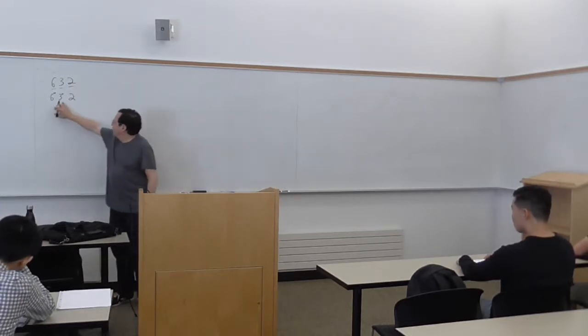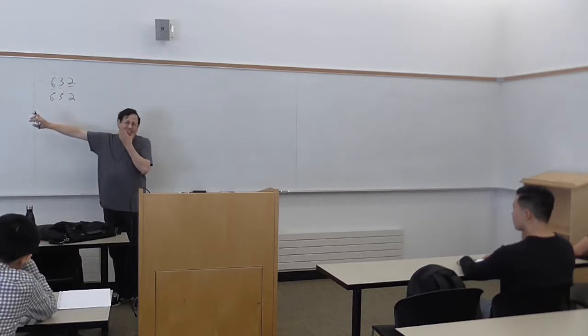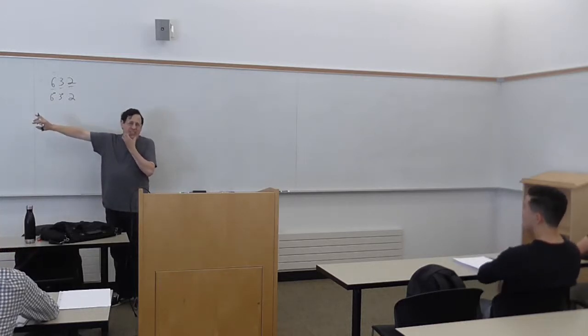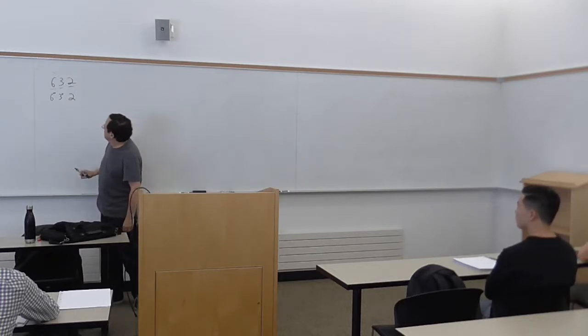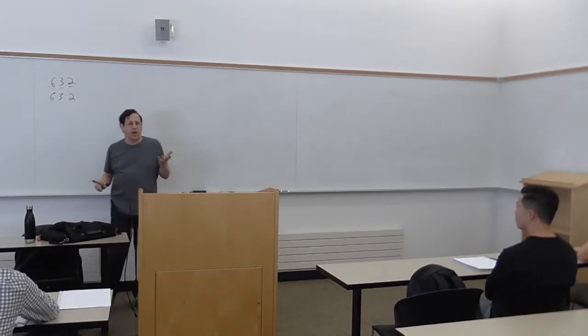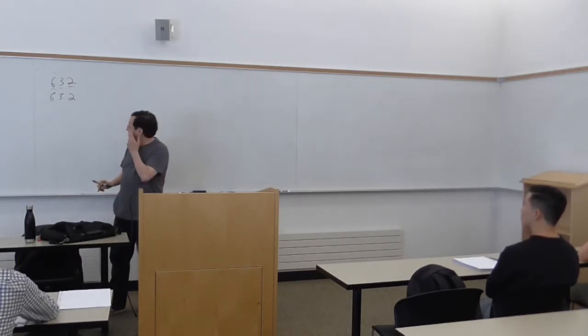Early numbering systems didn't use this system. You needed a different symbol for tens or hundreds, except they didn't use tens and hundreds. They used 60s or Roman numerals, right? 5, 10, 50, and so forth.